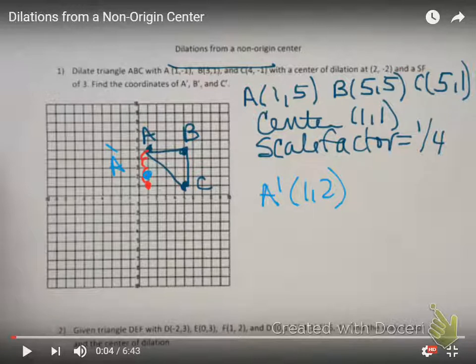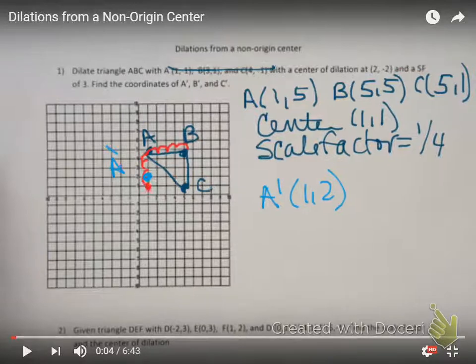Okay, to get from my center to B, I go up 4 and right 4. So divide both of those by 4, and I would have what? Up 1, right 1. So I'm going to go up 1, right 1 from the point. This is going to be really small.